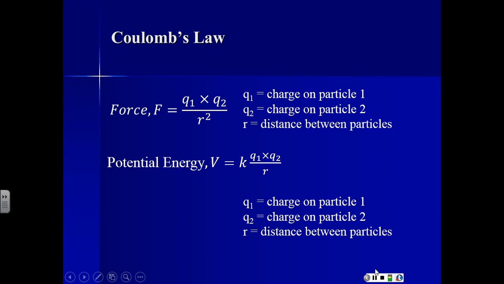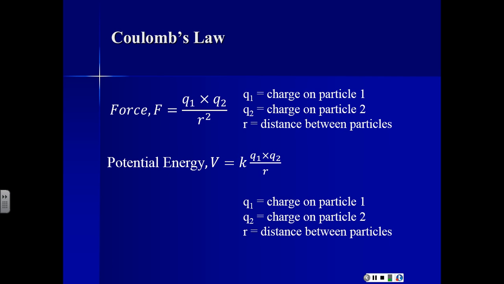Before we can build up the rationale for the electronic model in an atom, there are two things we must look at first: Coulomb's law and ionization energy. Coulomb's law provides a measure of the force of attraction, or repulsion, between two particles, and is given by the following equation. F equals Q1 times Q2 all over R squared.